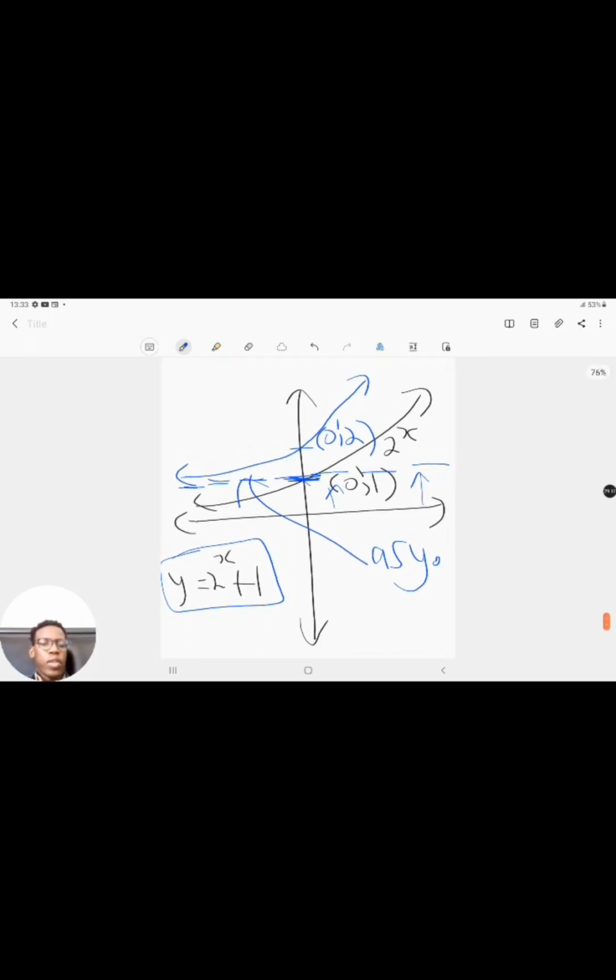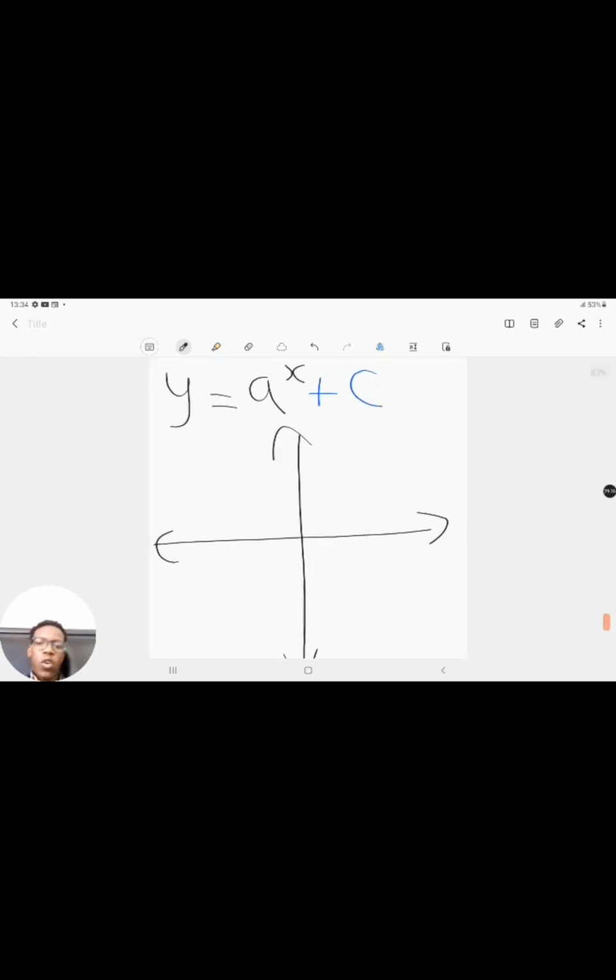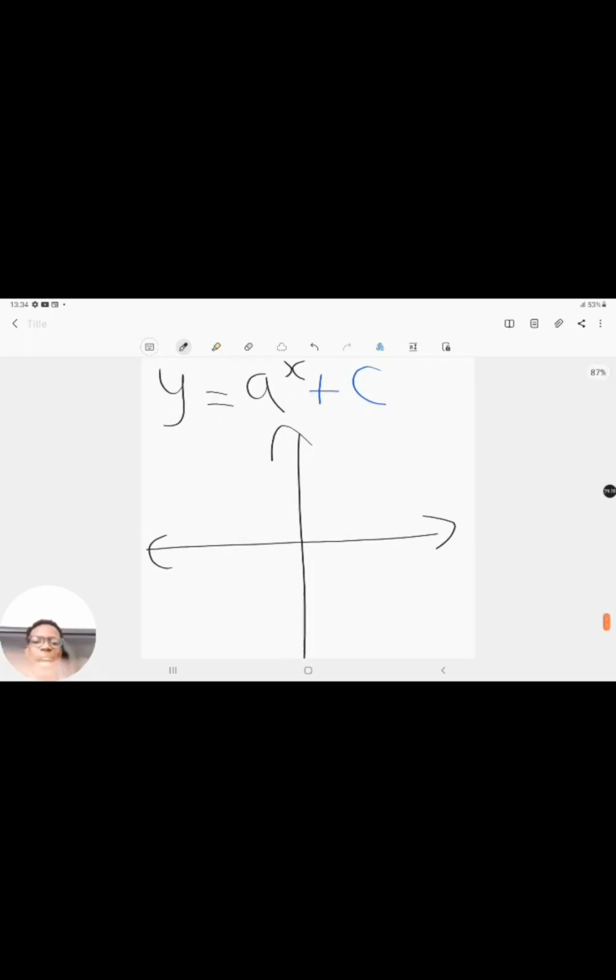Okay, so let me summarize that before I give more examples. If you've got y is equal to a to the power of x plus c, what this means is that your original graph shifts up or down, depending on the sign, by c units.